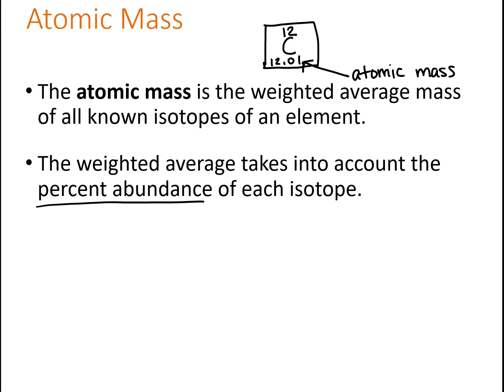What that means is, let's say that I have carbon 12 and carbon 13. Maybe I have 50% and 50%, which is unlikely.